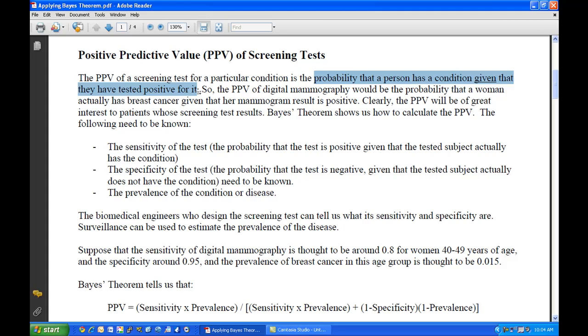It means that there's a certain probability that you have the condition, and of course we'd like to know how high is that probability. If my screening test result comes back positive, I'd like to know, well, what are the chances I really have the disease? Alright, so to work out the PPV, we've already mentioned, you need to know the sensitivity of the test, the specificity of the test, and the prevalence of the condition for which the test is supposed to detect.